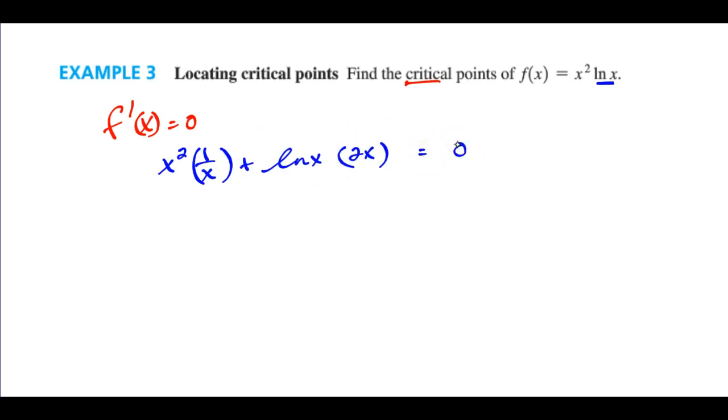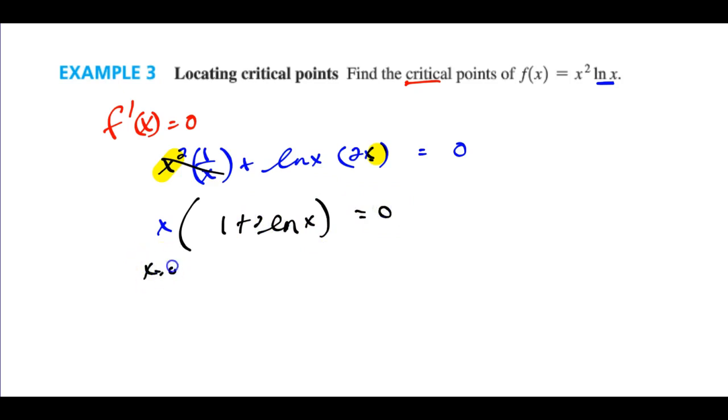And it might be easier to set this equal to 0 if you could factor out an x. So I think it's okay to pull out at least one x in here. I don't know if anything else can pull out. I don't think so. Looks like there's only one x here. So it's 1 plus, well, is it 2 ln x, equals 0.